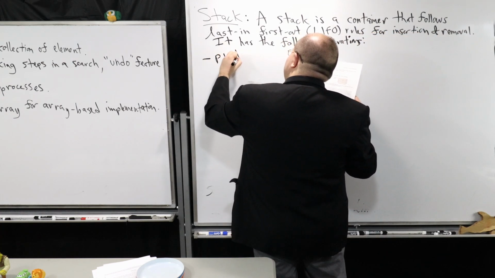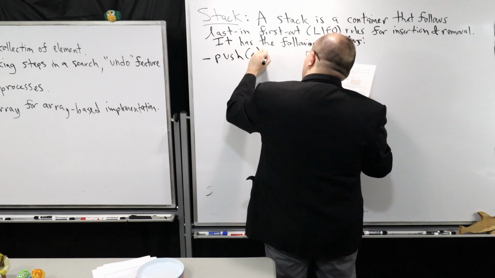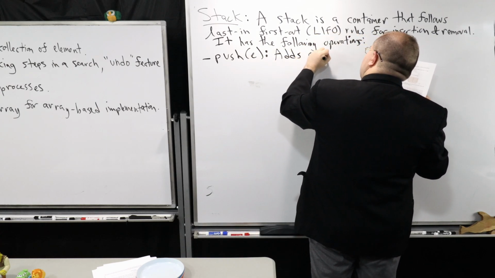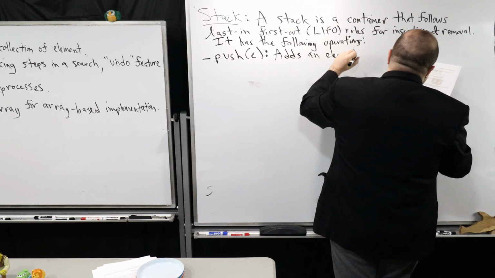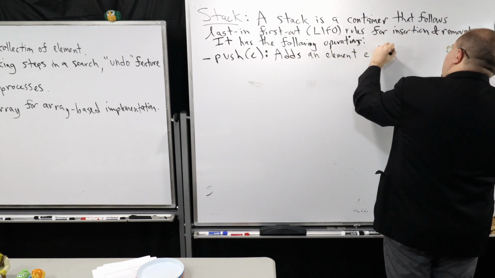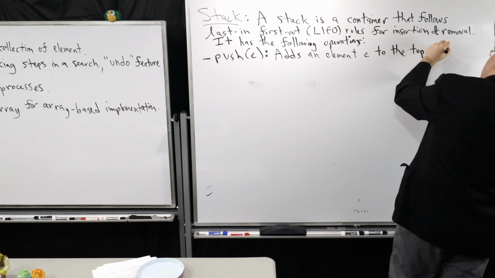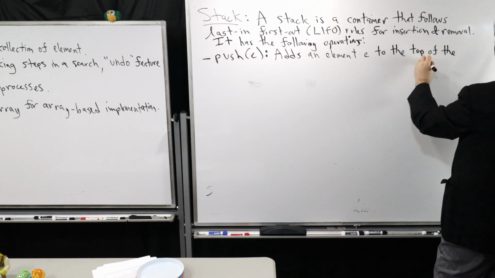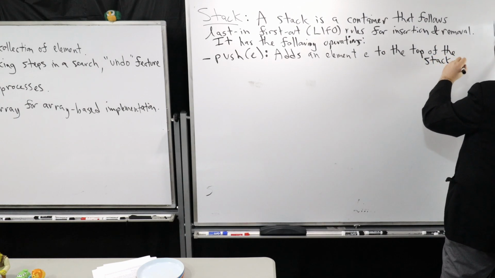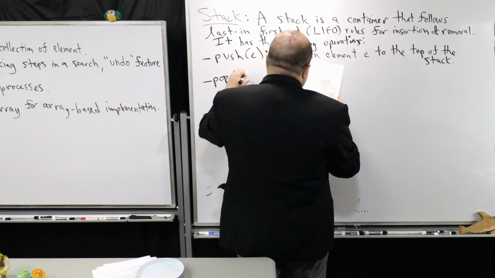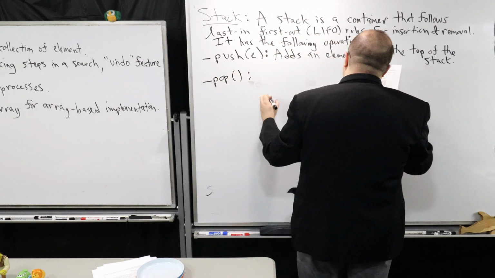So remember, some of these I've defined for you already. I have push, so it adds an element E to the top of the stack. We had pop, which has no inputs.